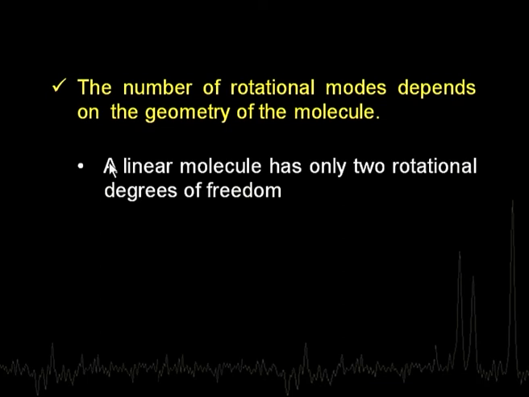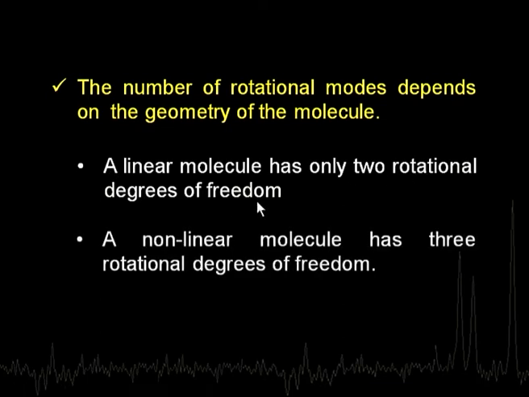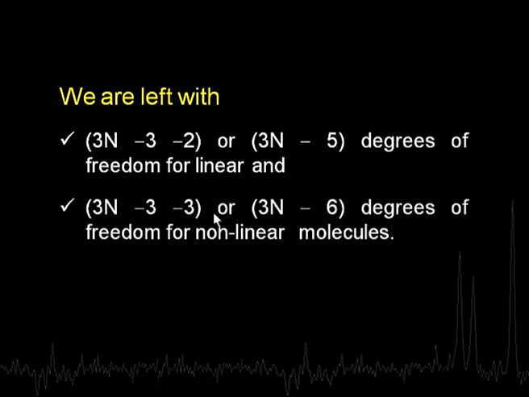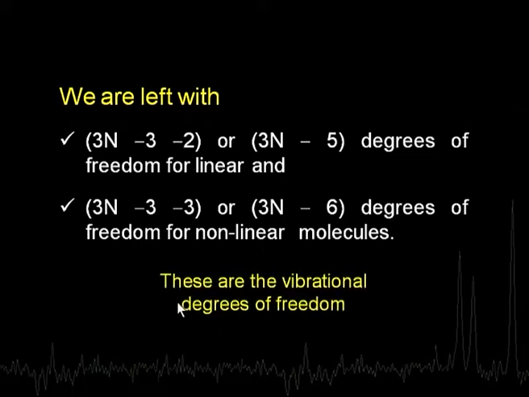A linear molecule has only 2 rotational degrees of freedom, whereas a non-linear molecule has 3. So, we are left with 3n minus 3 minus 2, or 3n minus 5 degrees of freedom for a linear molecule. For a non-linear molecule, we have 3n minus 3 minus 3, that is 3n minus 6 degrees of freedom, and these are the vibrational degrees of freedom.